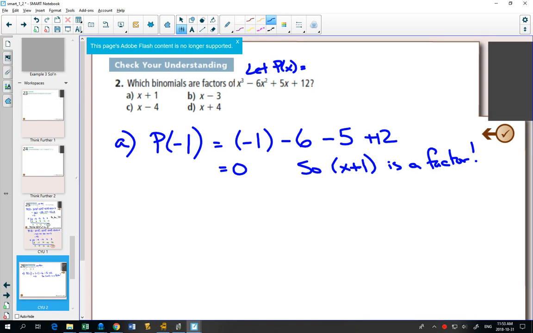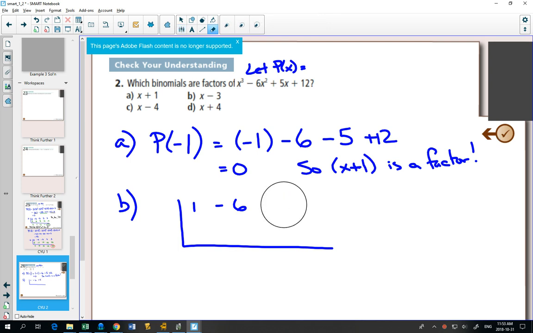In B, 3 cubed is 27. You might say, ooh, the mental math sounds like it's getting big. Maybe I want to use synthetic division here. If I use synthetic division, I would have 1, negative 6, 5, 12.